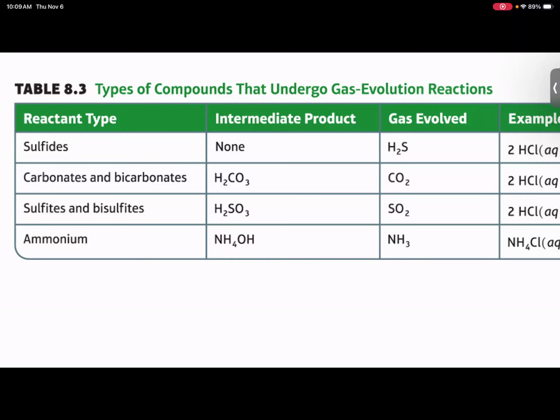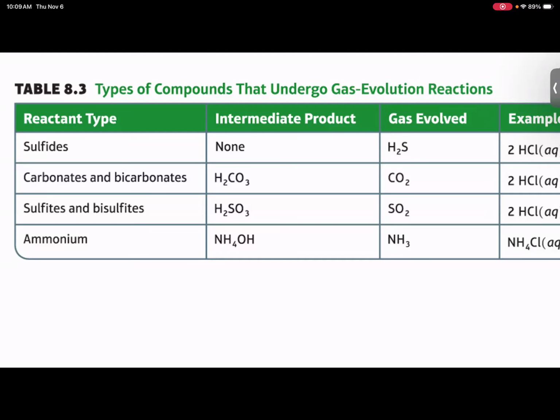Carbonates and bicarbonates: if you react them with an acid, you're going to wind up getting carbon dioxide as a secondary product. An example of this is if you've ever made or seen one of those volcano reactions.